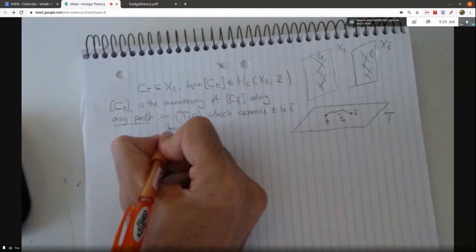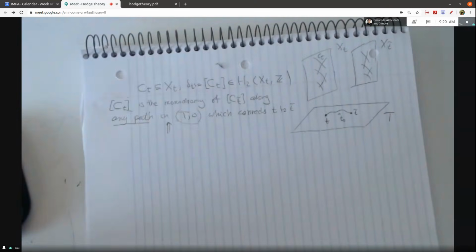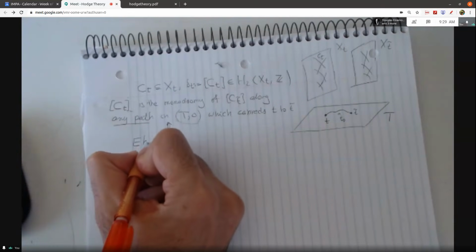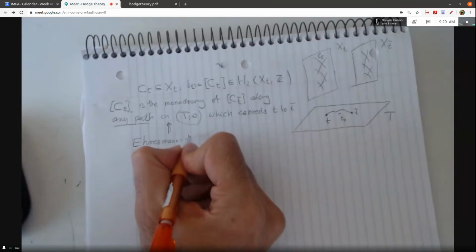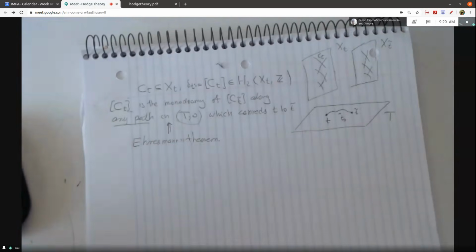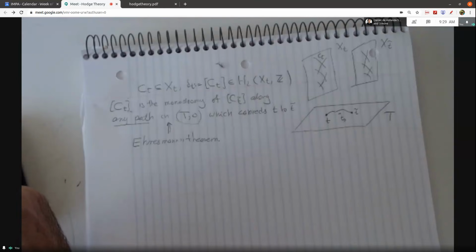But if you want really a rigorous proof, then one has to start applying a kind of Ehresmann's theorem. Anyway, I have to say that Hodge theory is a kind of messy theory. If you want to do modern Hodge theory, which has nothing to do with all this topological idea, it becomes more rigorous.